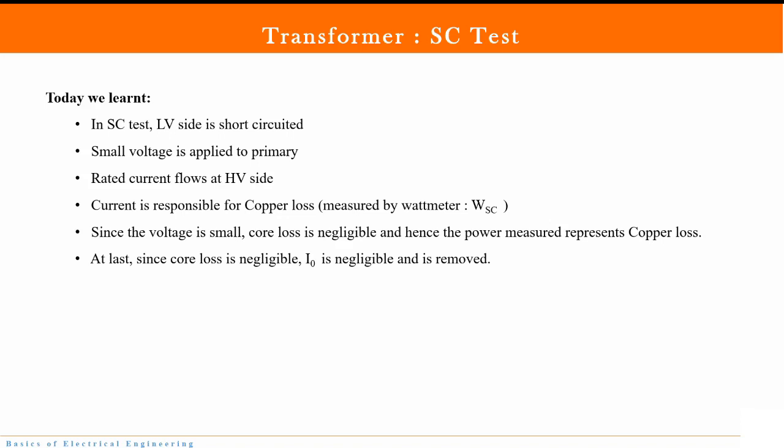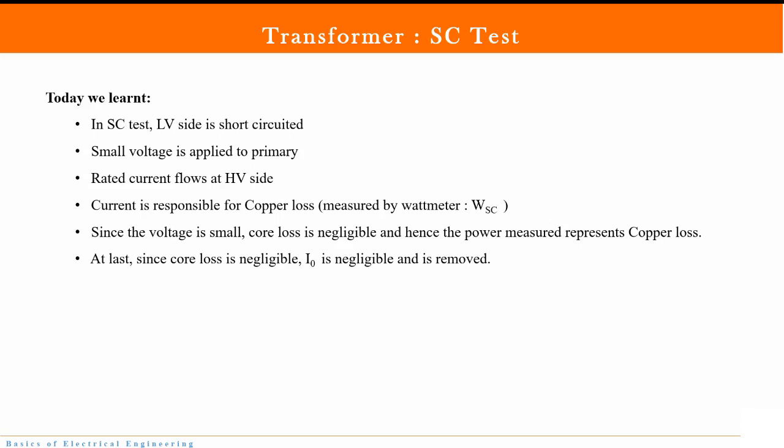Here we have short circuited the output, so instead of no load current, proper rated current flows at the high voltage side. Now the voltage is very small, so core loss will be very small, but since rated current flows, we will get the copper loss. So current is responsible for copper loss, and whatever reading is given by the wattmeter will correspond to copper loss.